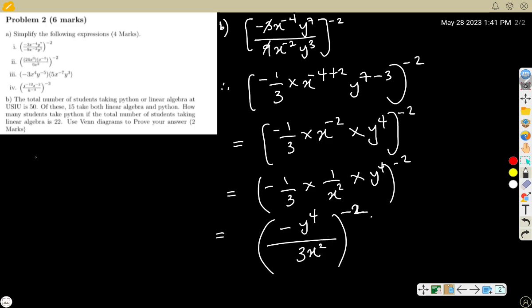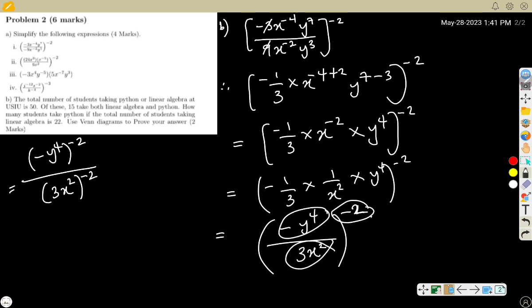So this will be like minus y raised to power 4 times minus 2, divided by 3s square raised to power minus 2. So that will be the continuation. This power will affect everything inside the bracket.